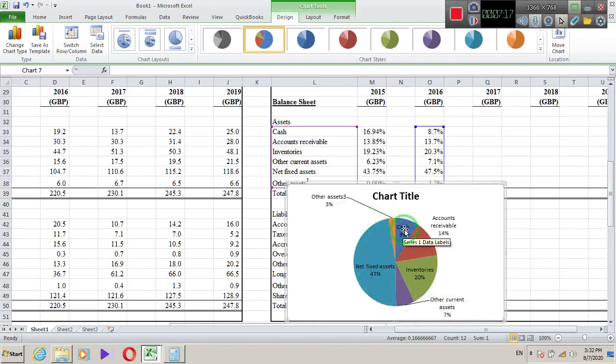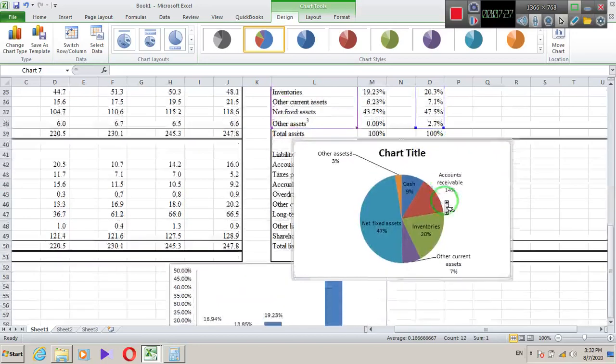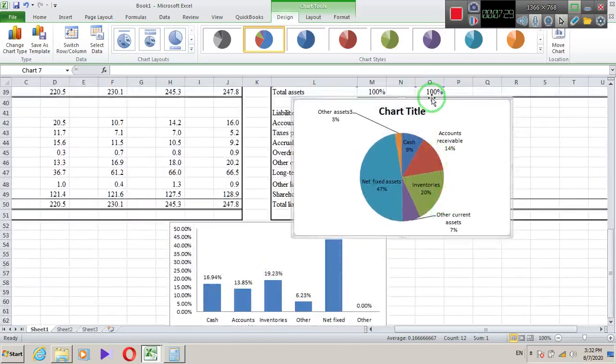So we have how many items? 1 2 3 4 5 6 items. So these 6 items we can present in this form.